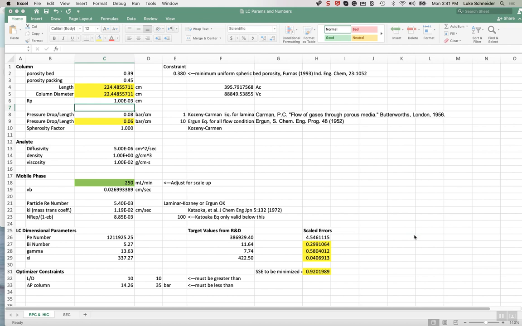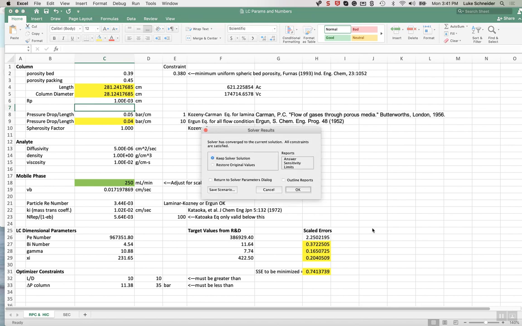Now again, I've assumed the same porosity. Because it's a bigger particle, it may have a different porosity within the particle. It may pack differently in the column, so you have to worry about that. The packing manufacturer will tell you that information.